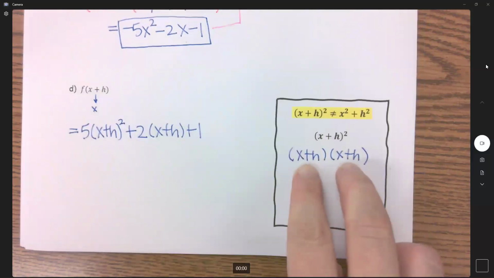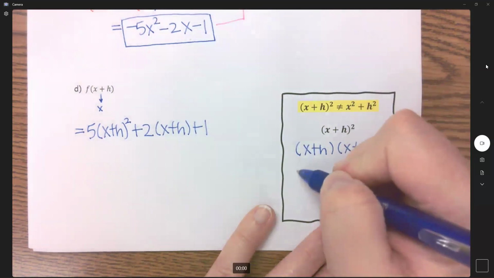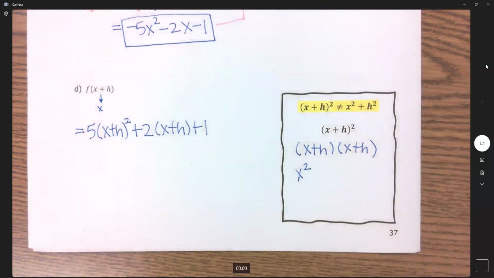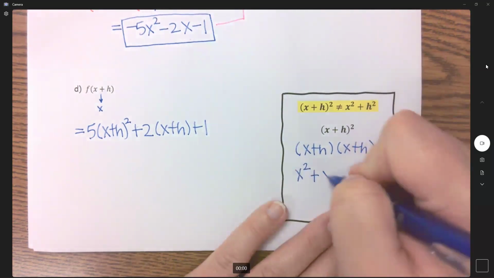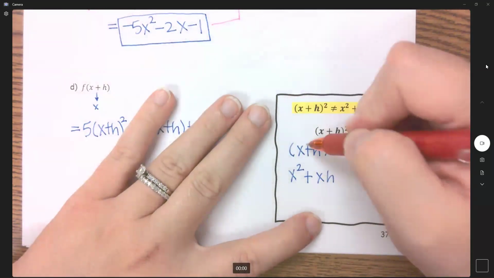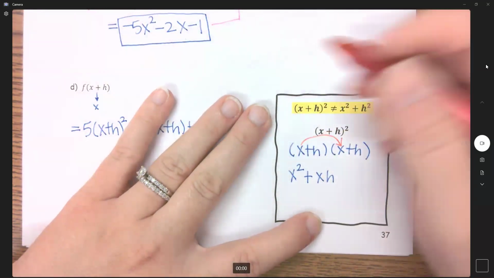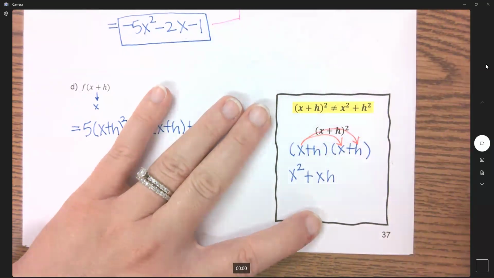When you're multiplying two binomials together, FOIL. So x times x is x squared. x times h is xh.